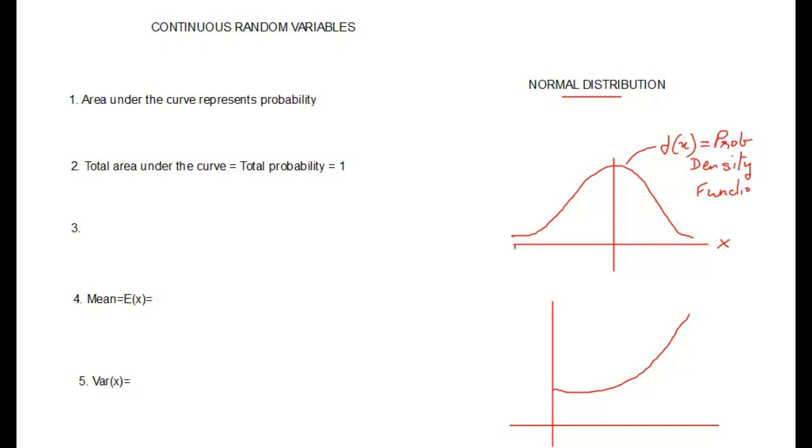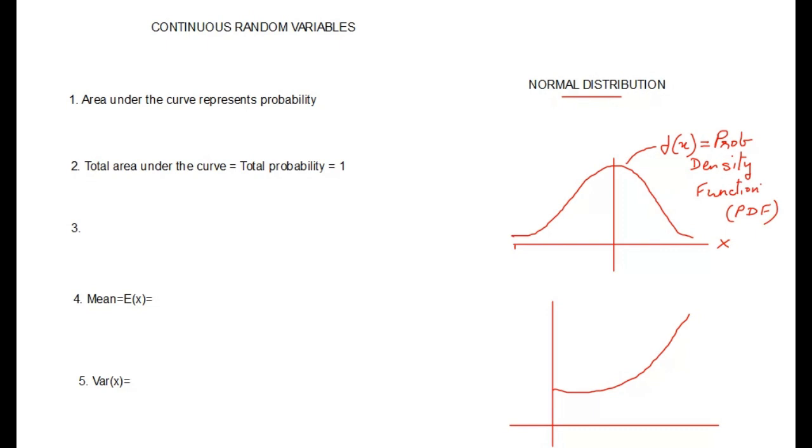I'm going to call it the PDF for short. Now, probability density function has certain properties which apply to all probability density functions, even the ones that are not a normal distribution function and are not symmetric or bell-shaped. Okay, so we're going to discuss them one by one.